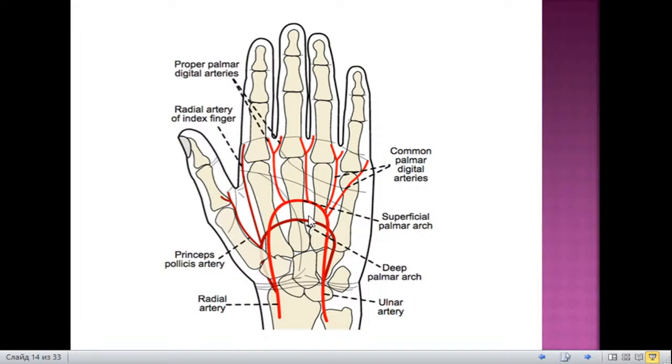And the palmar carpal arch is formed by the carpal branches of the radial and ulnar arteries and the anterior interosseous artery.